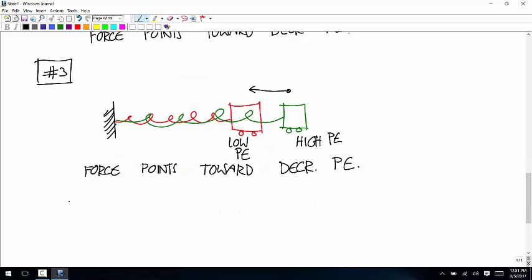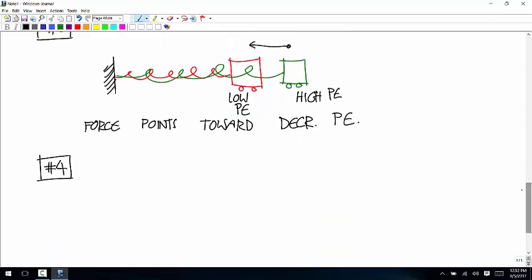The idea is that's what a potential energy field, a force field, always does: it always acts toward lower potential energy.